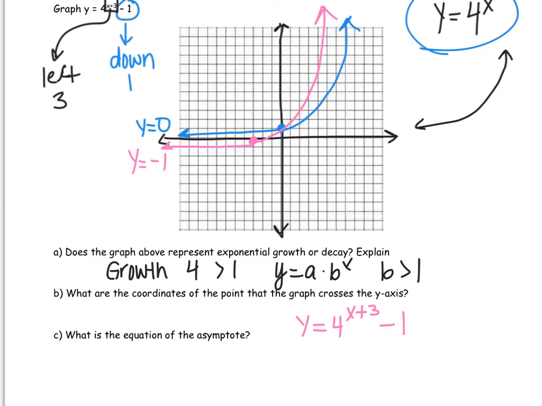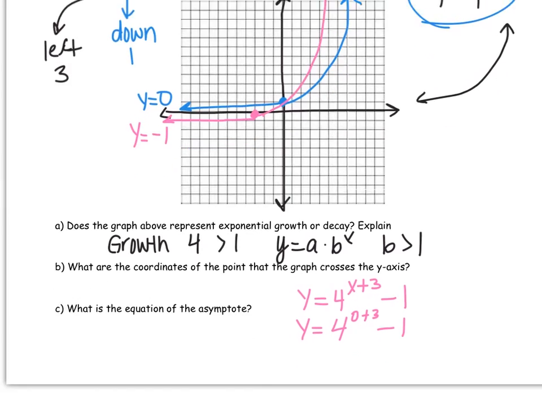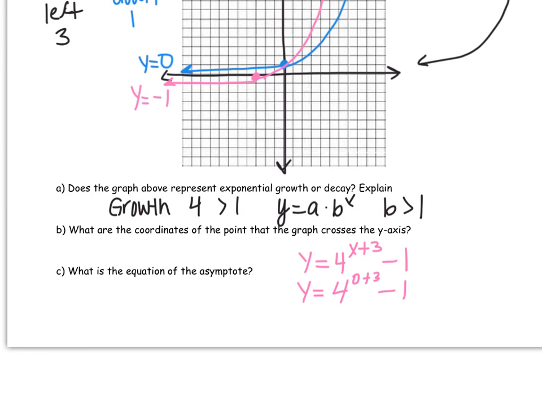And we're looking for when x is equal to 0. So y equals 4 to the 0 plus 3 minus 1. So that becomes y equals 4 to the third minus 1, which is actually 63. So this thing is going to cross the y-axis at (0, 63).